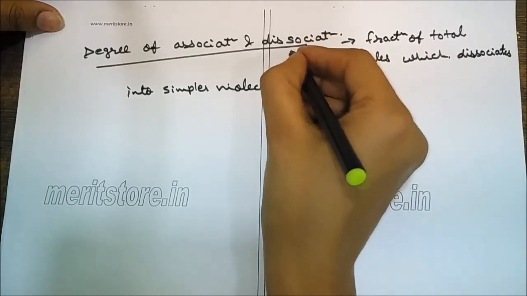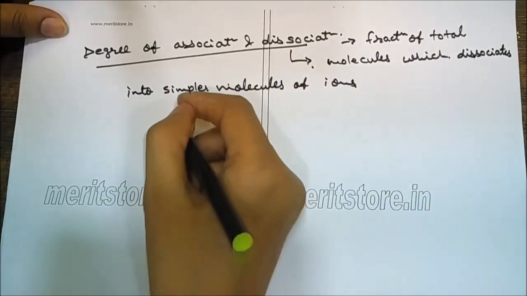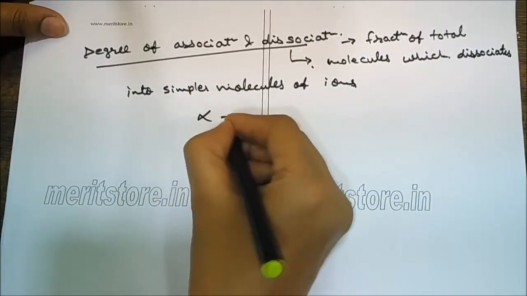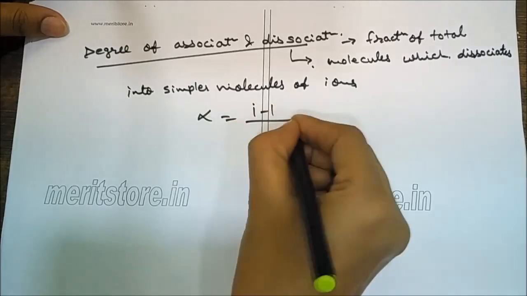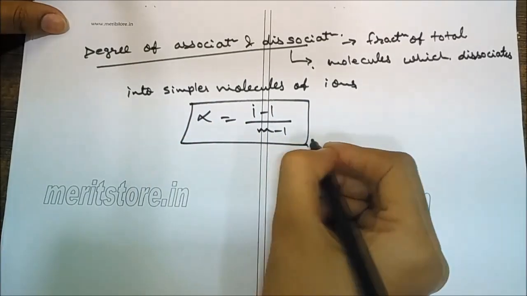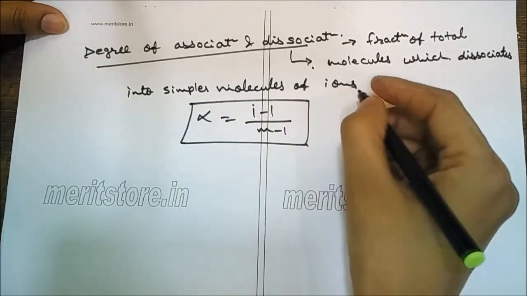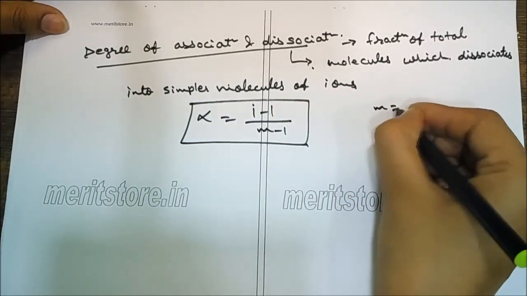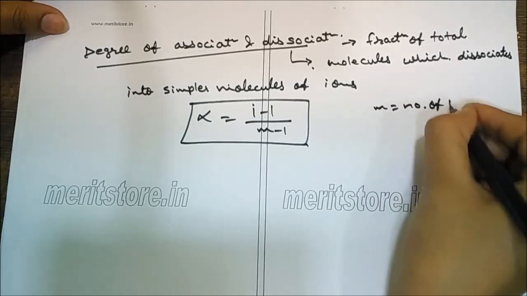So alpha will be equal to (i minus 1) upon (m minus 1). This is the degree of dissociation, and m is the number of particles in solution.